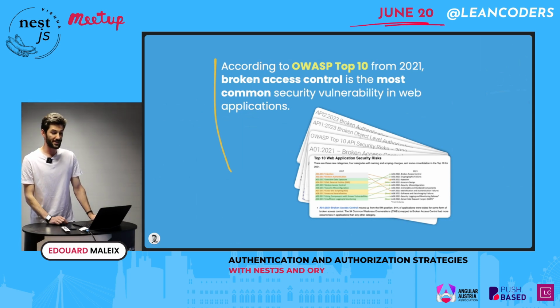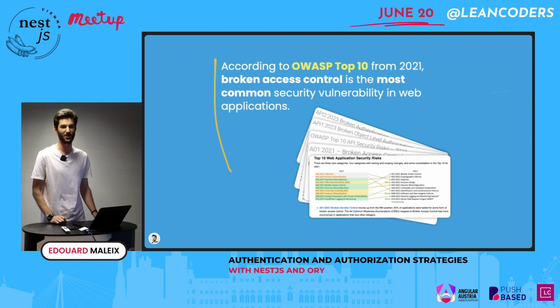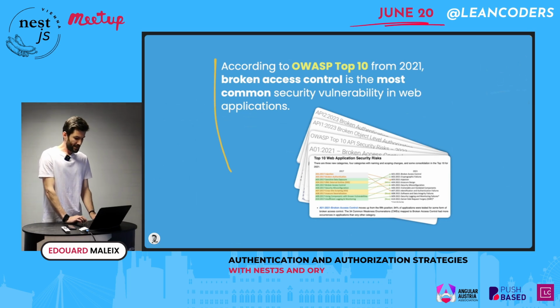One of those references is the Top 10, a list of the most common web application vulnerabilities. If you don't know about it, I think you really should have a look, right now. Put yourself a reminder and have a look, because it might bring awareness to things that you overlooked, that happen to the best of us.